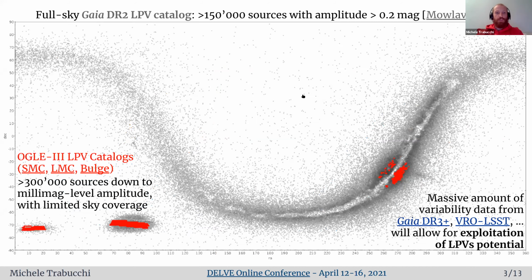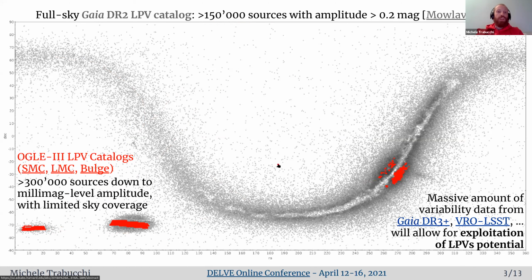For instance, this sky map shows the data from the Gaia Data Release 2 catalog of long period variable candidates that, although limited to objects with a G-band amplitude larger than 0.2 mag, meaning 2 orders of magnitude larger than OGLE's limiting amplitude, is already rivaling OGLE by number of sources. Of course, because of the full sky coverage compared with the relatively small patches covered by OGLE.